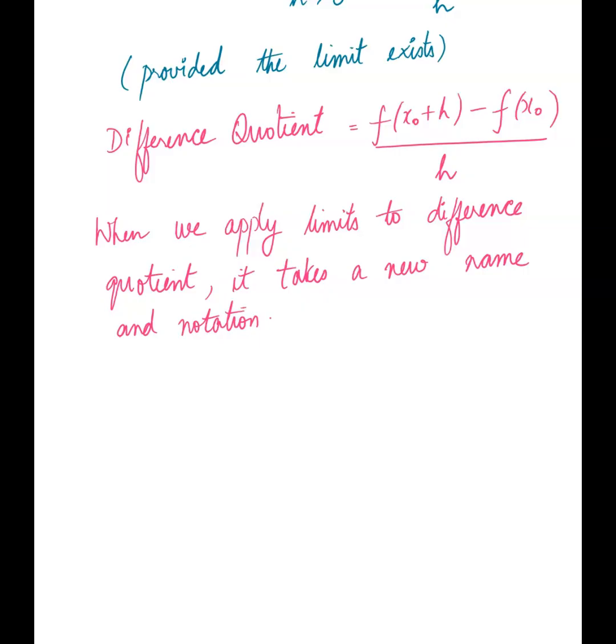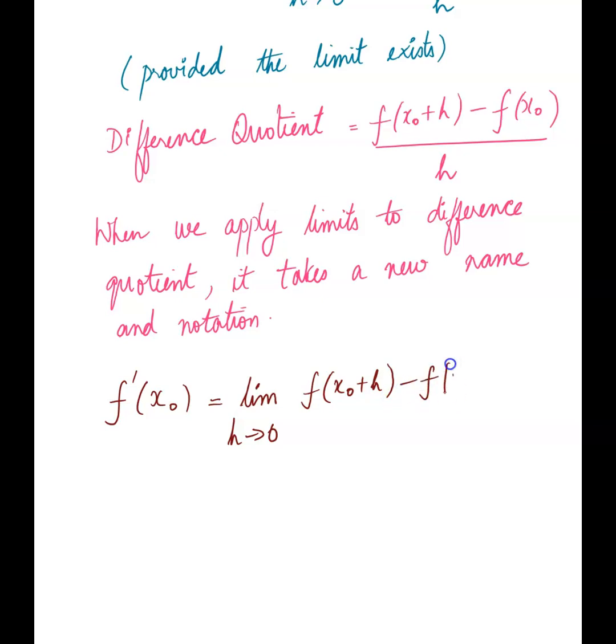What will appear now is f with a stroke, we call it the prime, f prime of x naught. And that stroke is really important because that's the notation here and it means something else. So f prime of x naught is the limit as h approaches 0 of the difference quotient, which is this.